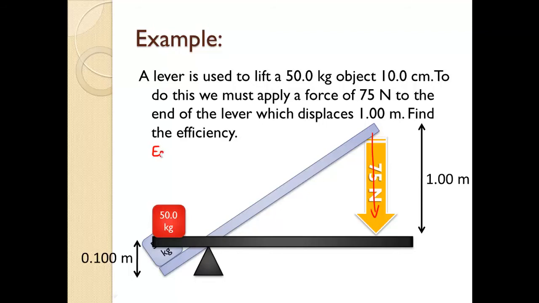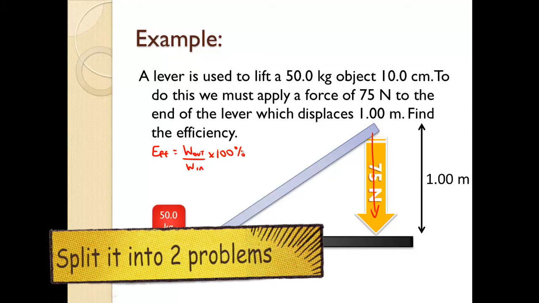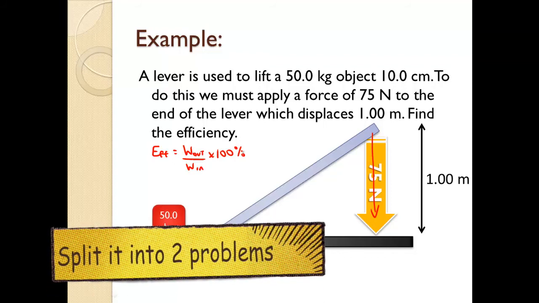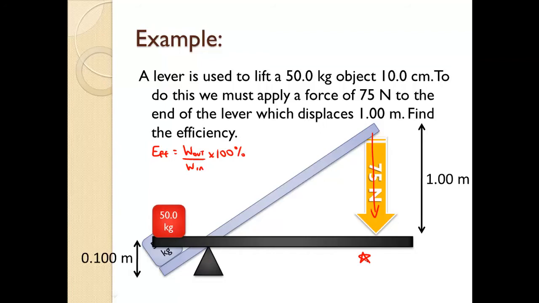We know again that the efficiency of a machine is equal to the work output divided by the work input times 100%. So remember that when we're talking about the work in, we're talking about the work that we have physically put into the machine. And if we take a look, that's actually taking place right over here with this 75 Newton force.